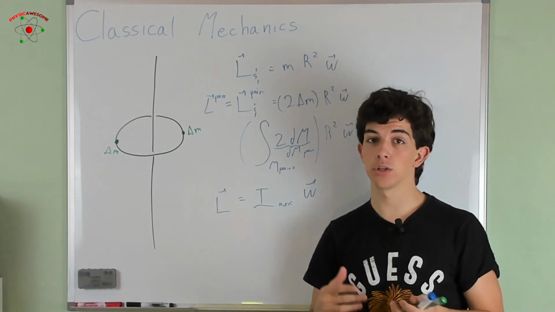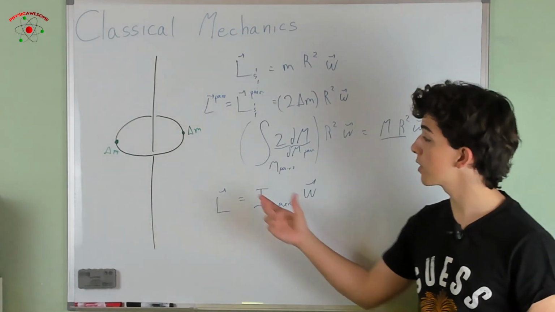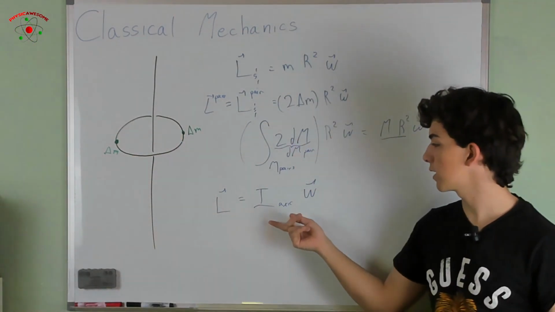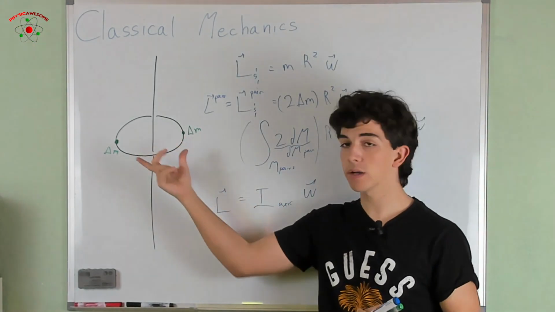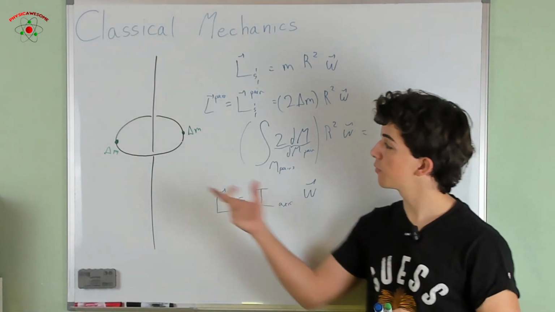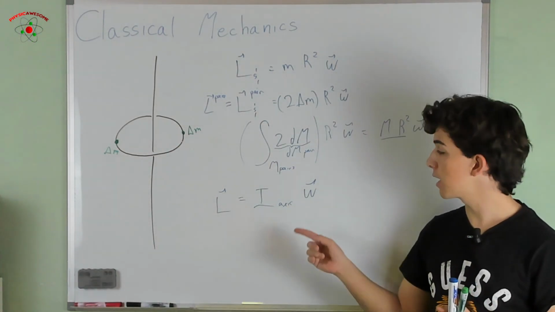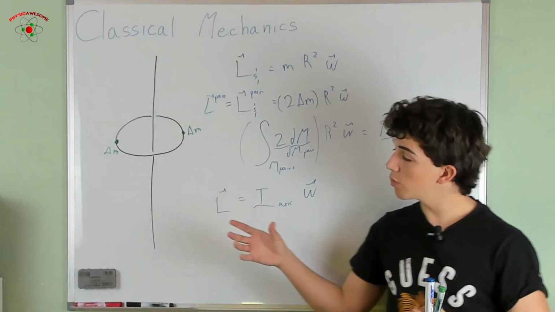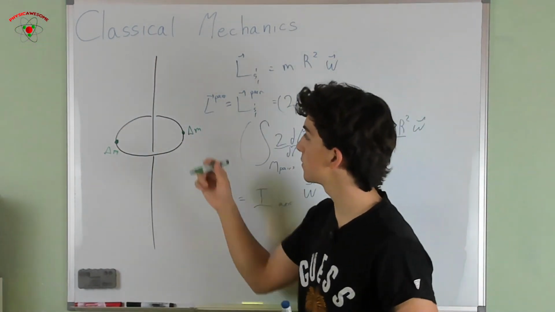Moreover, using differential analysis, we can see that we can easily extend this to a disk, as this is the angular momentum for the ring, but when we add this expression, W is the same for all different rings of different sizes, so we can integrate over them, and we're just going to have a different moment of inertia. And then we can also integrate in 3D to create some nice shapes.